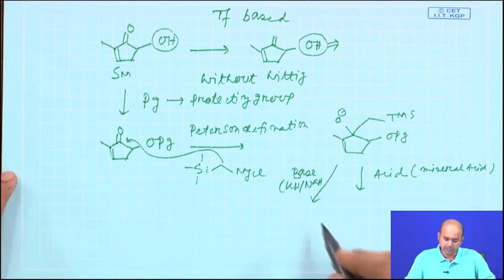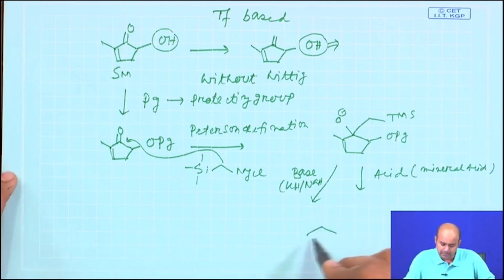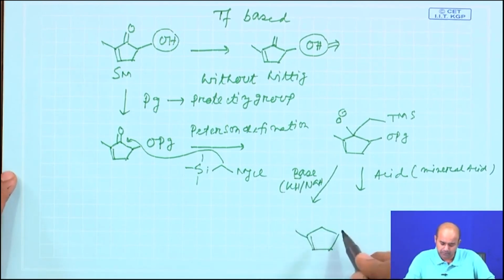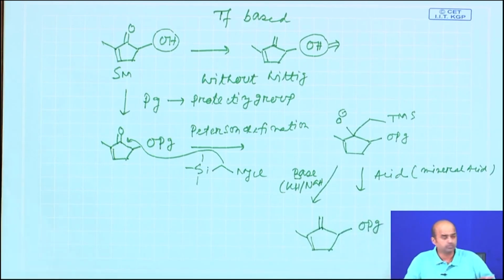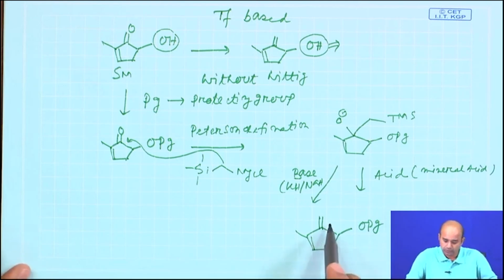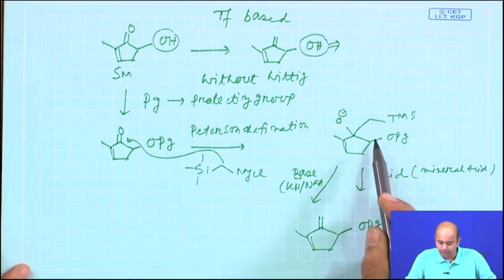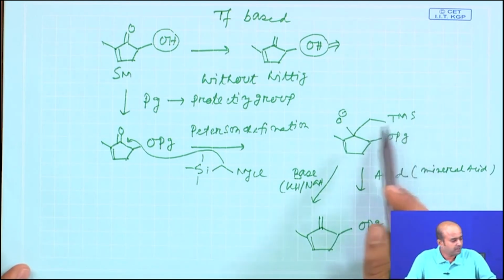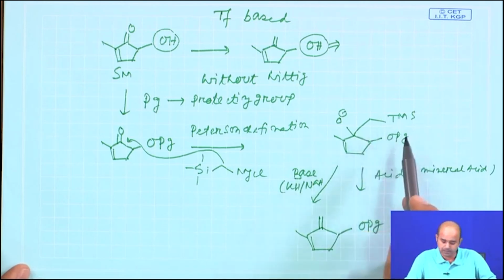And as I said, the mechanism you need to find out in the archive, because if you focus more on the mechanism part here, then we will be losing track. So, fine, in the slides which I will be giving as supplementary material, you will find the mechanism there. So, Peterson olefination will basically give you this kind of simple elimination.